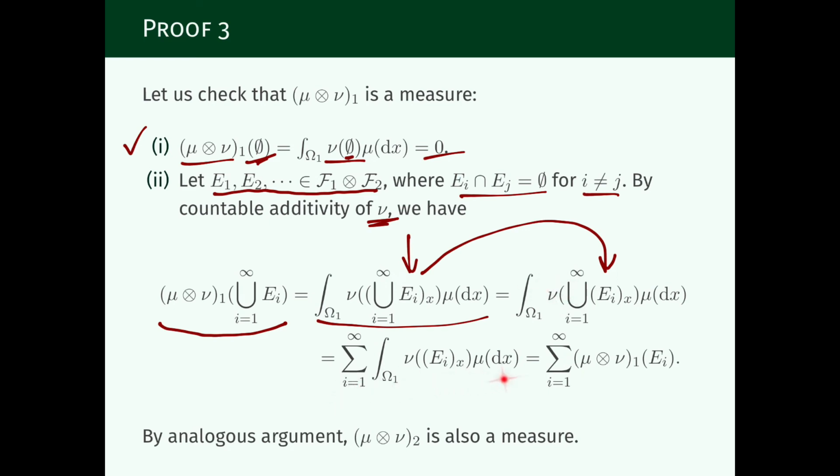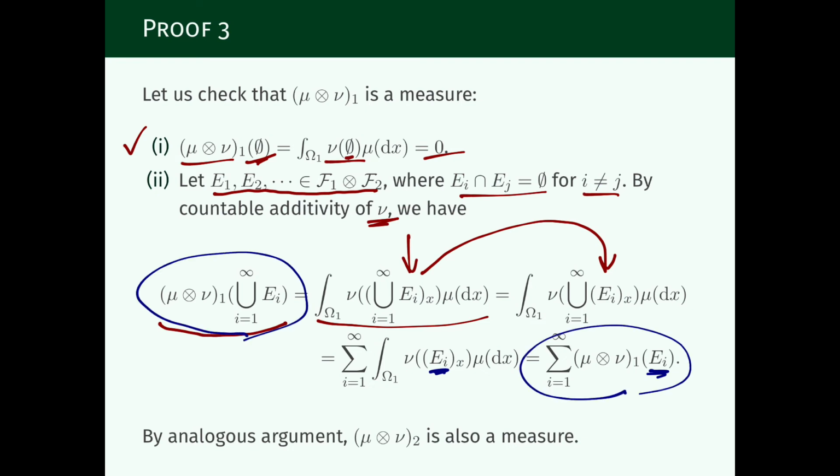And this is the definition of the measure mu cross nu sub index 1 evaluated at these sets E_i. And this is exactly what we had to show. So we just showed this is sigma additive. So we have checked also the second property. So yes, mu cross nu is a measure.